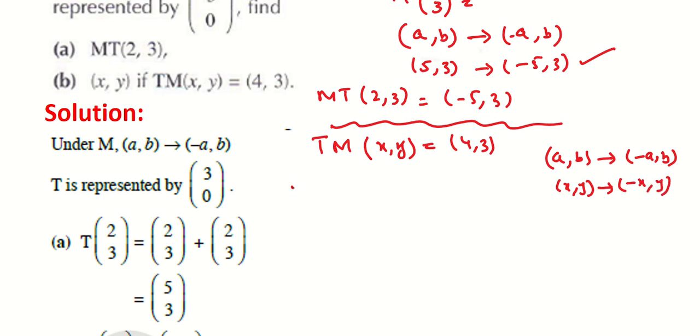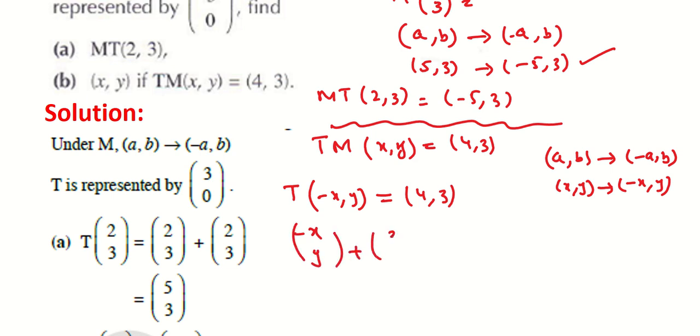Now the transformation: first we operate reflection in the y-axis, it becomes (-x, y) after reflection, which is equal to (4, 3). Now we operate translation. We use the translation vector, which is given as (3, 0).